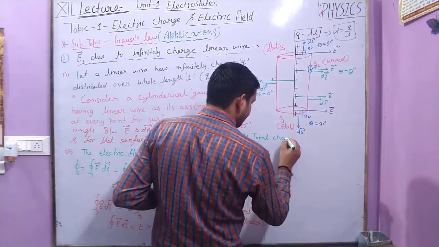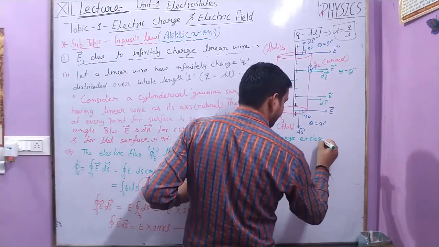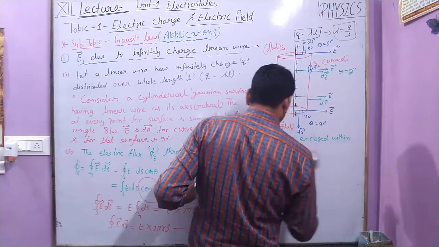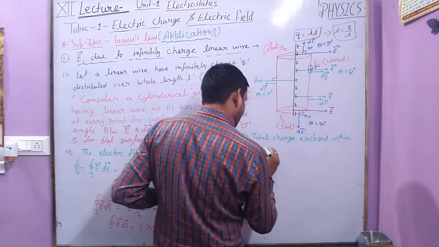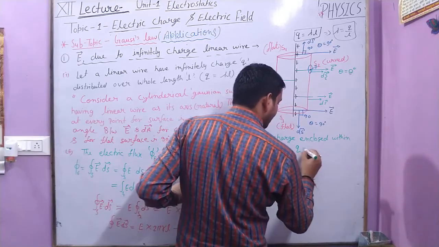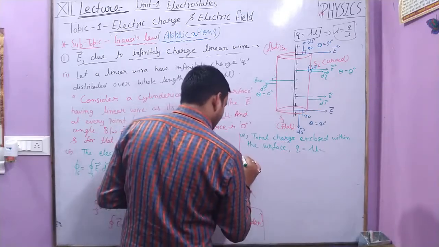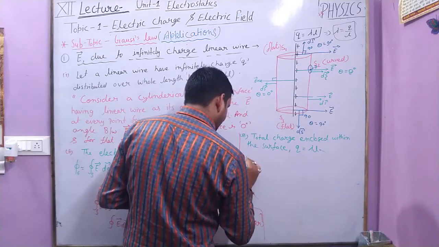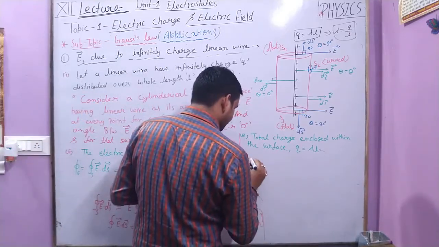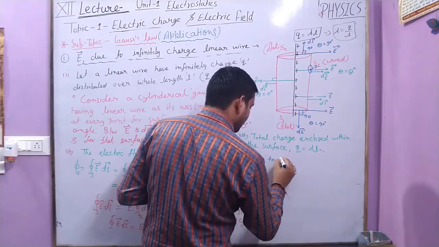Total charge enclosed within the surface is given by Q equal to lambda L. Okay, therefore next is step 4, and in step 4 you need to calculate according to Gauss's law.